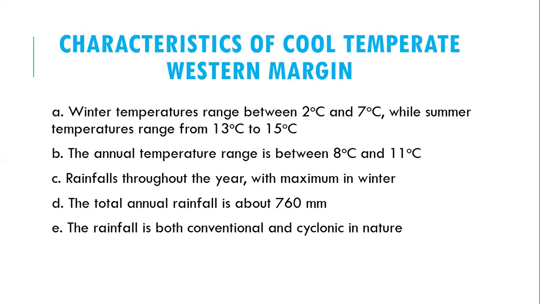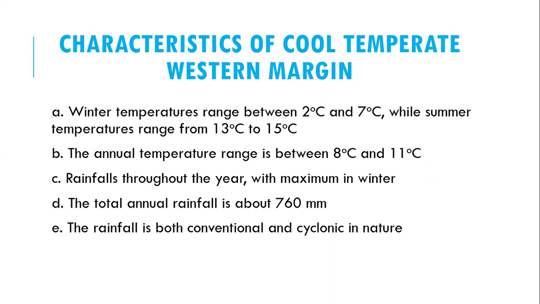The various characteristics of this cool temperate western margin, or the British type, are as follows. The winter temperatures range between 2 degrees and 7 degrees, while the summer temperatures range from 13 degrees to 15 degrees. The annual temperature range is between 8 degrees and 11 degrees.